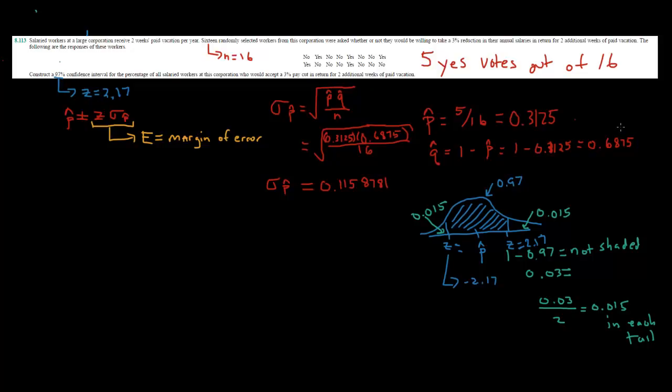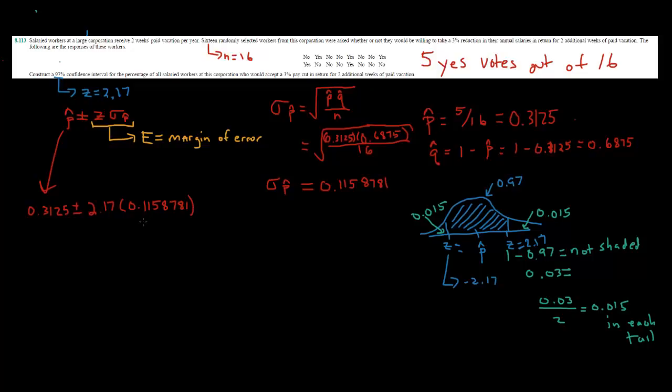So, it looks like we have everything we need now. We can actually find our two endpoints of our 97% confidence interval. So we can write p hat, 0.3125 plus or minus z, which we found was 2.17, times our standard deviation, in this case 0.1158781.